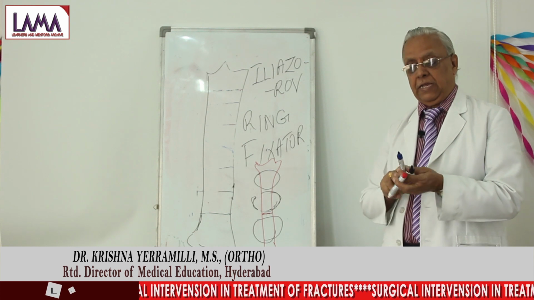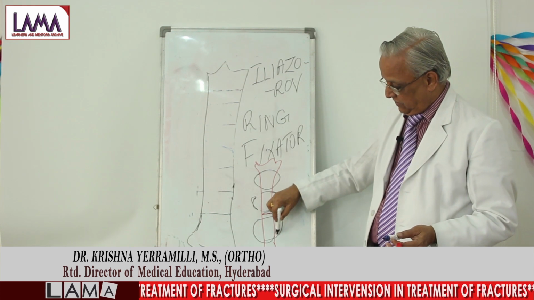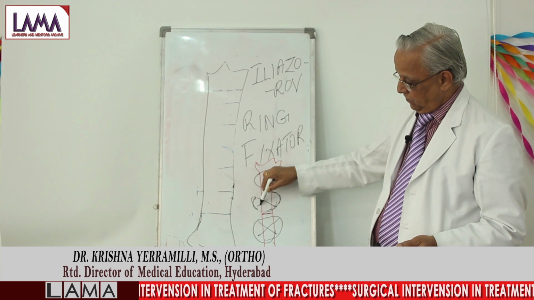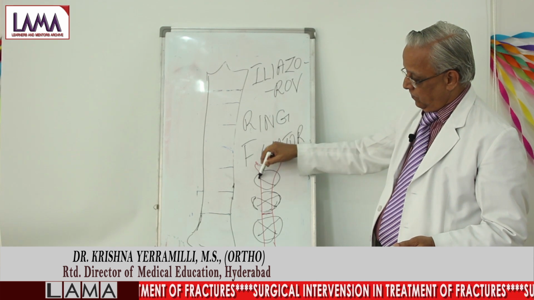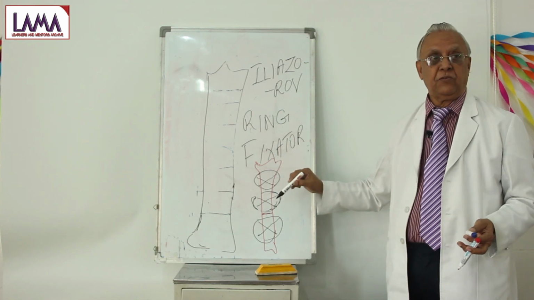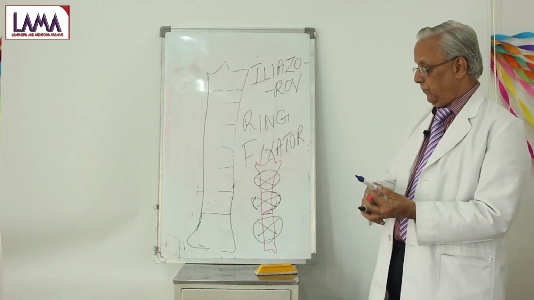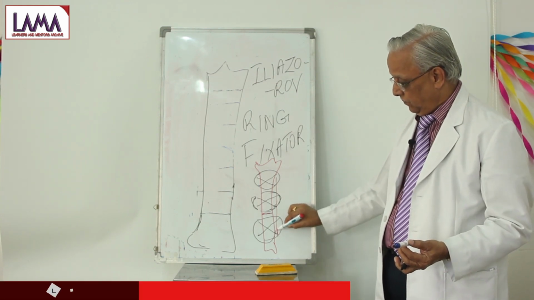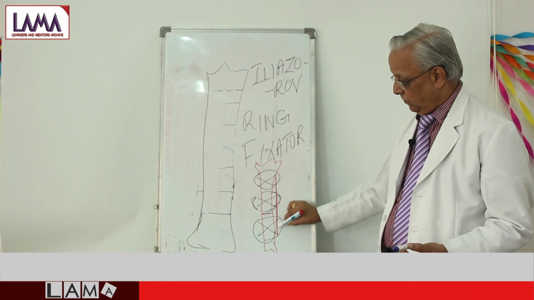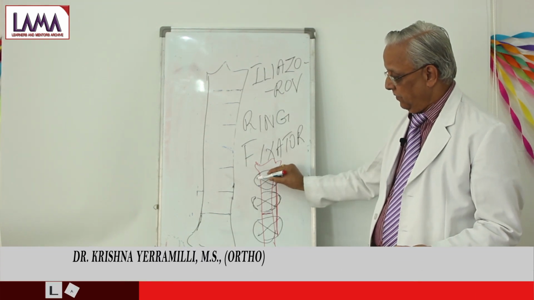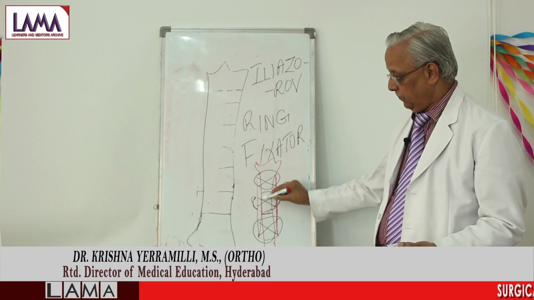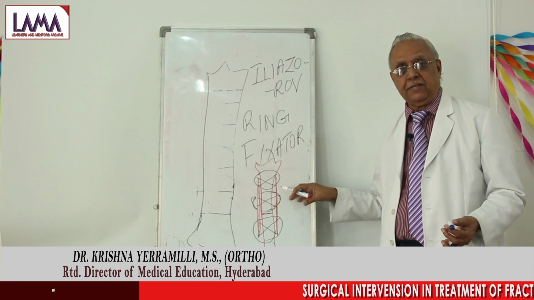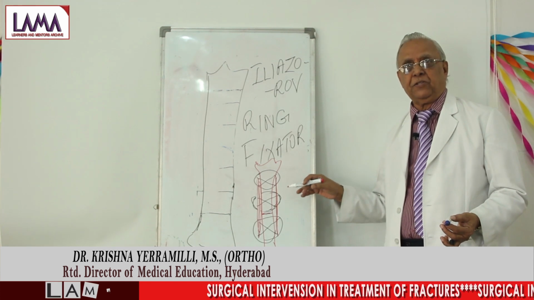What he does is he applies cross pins like this, and this is fixed, and again these rings are with mechanism which can be fixed in this mechanism on either side by putting the rods.